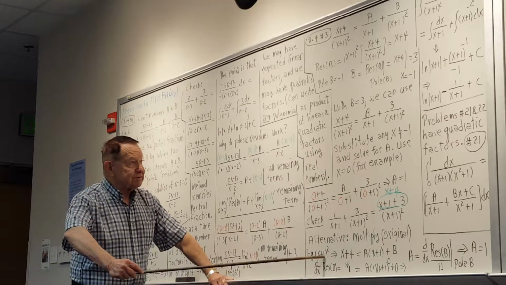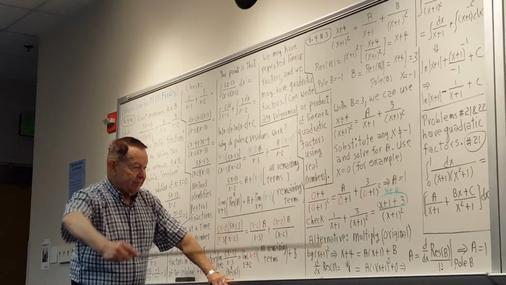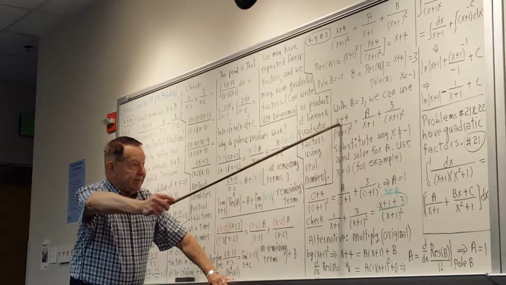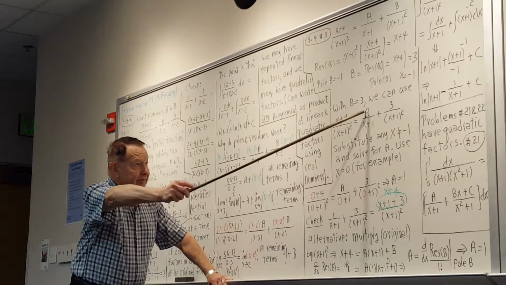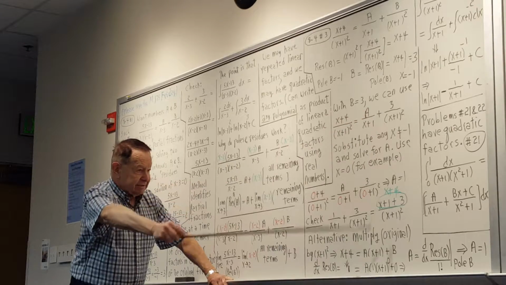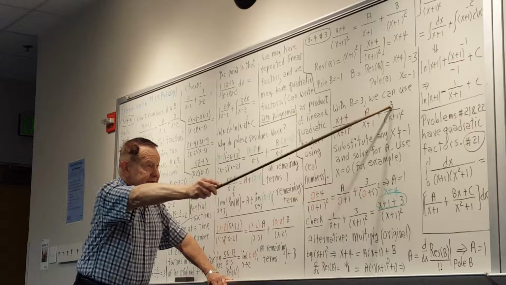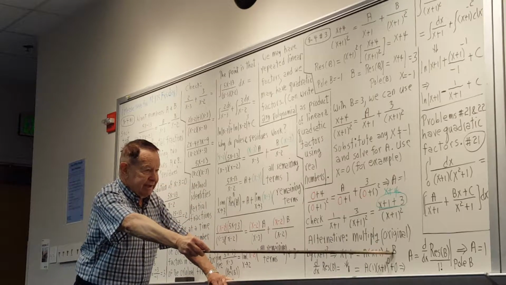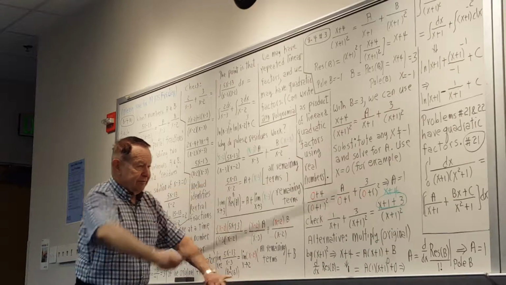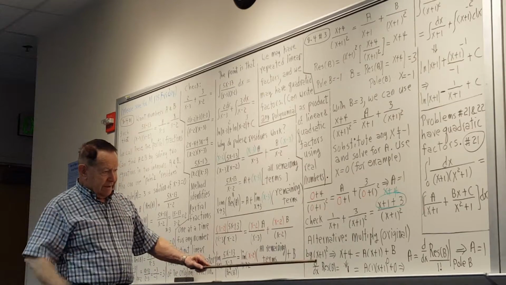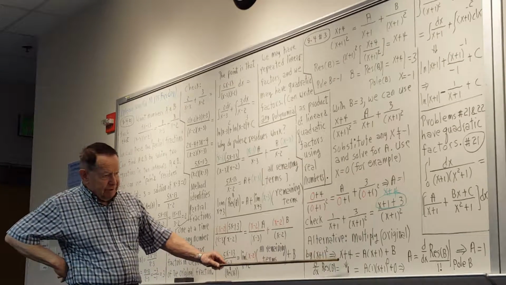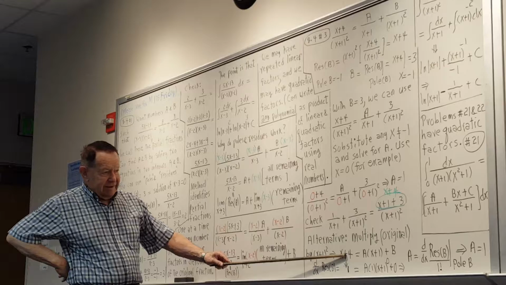Multiply by x plus 1 squared, and so then you'd have x plus 4 equals a times x plus 1 plus the b, which is the same as 3. Whether you wrote b here or wrote 3 here wouldn't matter, because what you could do is differentiate.